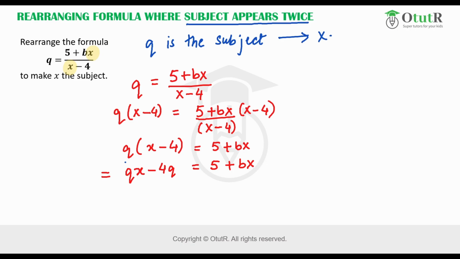After doing this, our next process will be to collect the like terms. So can you see here the like terms are qx and bx, right? So what I'm going to do, you can either subtract bx from both sides or you can subtract qx from both sides, whatever you want. I am going to subtract bx from both sides, so let me do that.